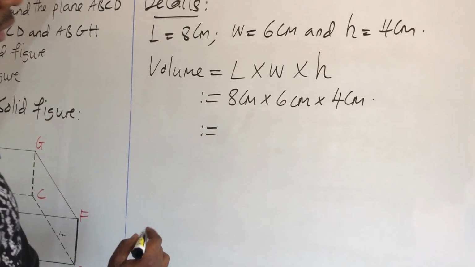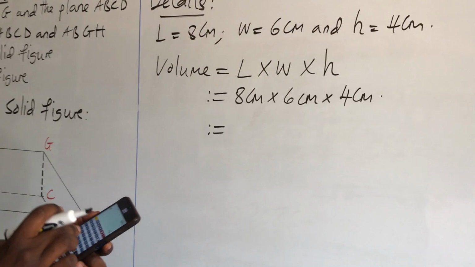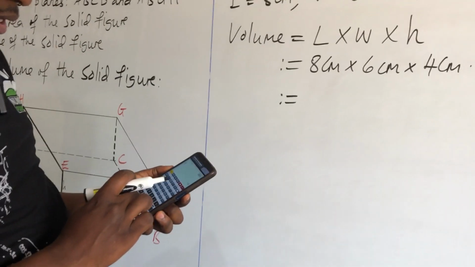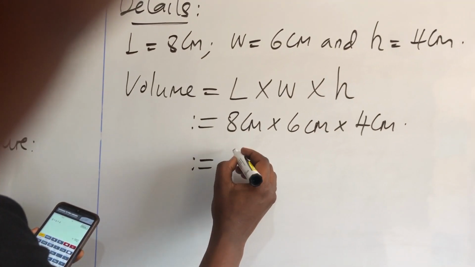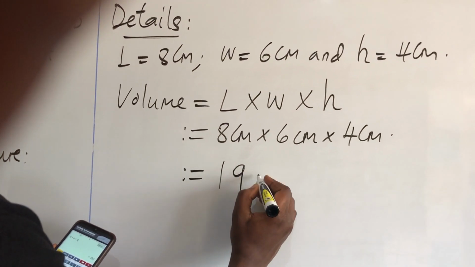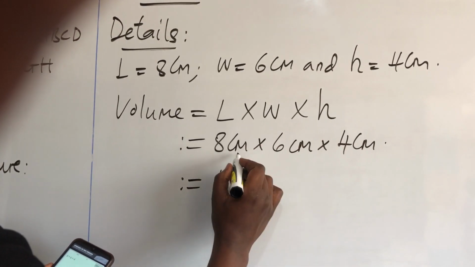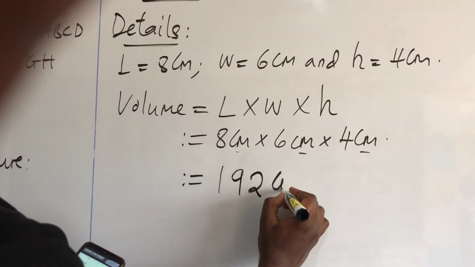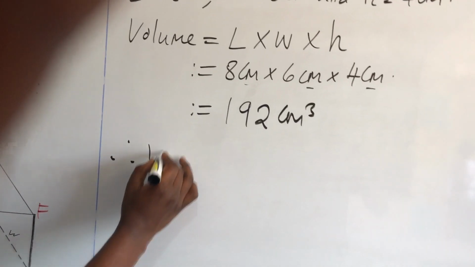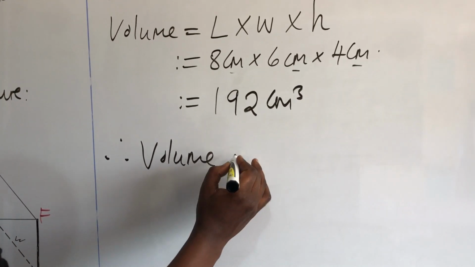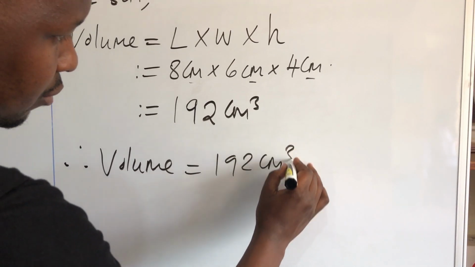So on multiplying, when we take 8 times 6 times 4, we are going to get 192. But centimeter times centimeter times centimeter, this we are going to make centimeter cubic. So volume now equals 192 centimeter cubic. That's the volume.